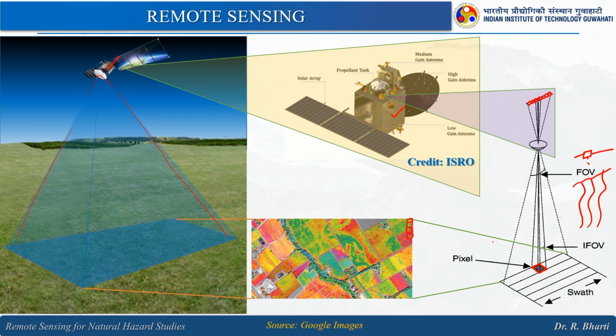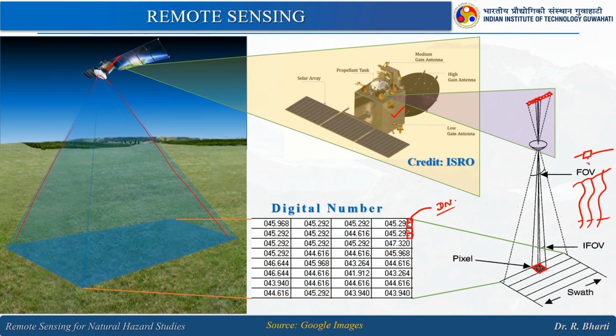Those are basically your pixels, and for each pixel you have a digital number, which is the reflected, emitted or backscattered energy. If you import this in any programming language, those pixel values will be seen. So this will be like this.